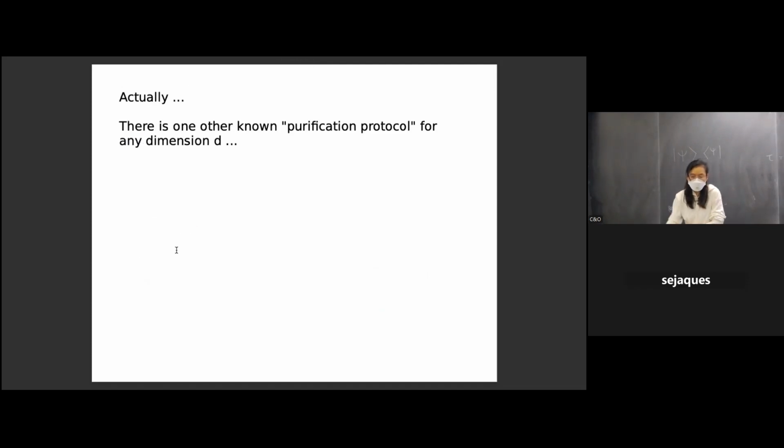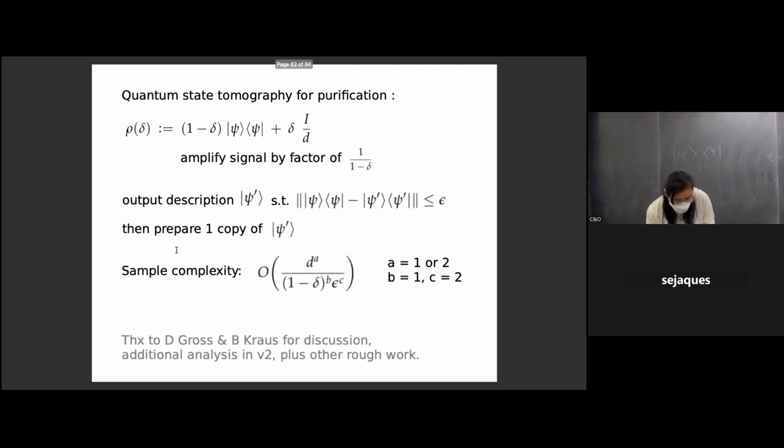Before the result from last week, there is only one other protocol I can compare with in the very high noise regime. It is not known to be optimal, and in fact, we think it is not. It is the method that tries to use many copies of the quantum state to learn about every coefficient of the matrix. You just want to learn everything about the state, and then you go and prepare the pure state component that you have learned.